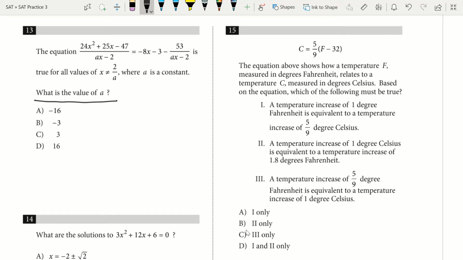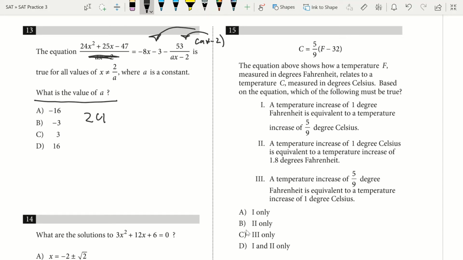Well, I know that I can go ahead and multiply my equation by ax minus 2 on the right and left sides, right, to just get my 24x squared plus 25x minus 47. So I'm going to go ahead and do that, and I'll put times ax minus 2 over here. I'll be multiplying it here and at negative 8x minus 3.